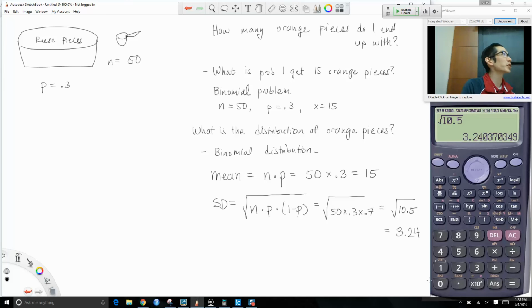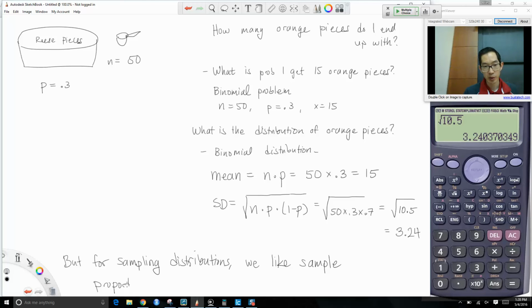Oftentimes, though, when we're talking about sampling distributions, we like to deal with the sample proportion rather than the actual count, okay? For sampling distributions, we like sample proportions rather than counts.